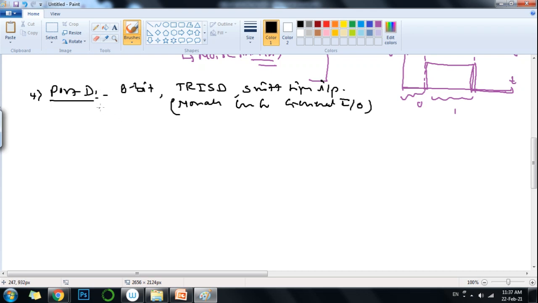But port D has one additional feature. Port D has an alternate function, and that alternate function is that port D can work as a parallel slave port, called PSP. So port D has the PSP feature. We'll see exactly what it means.